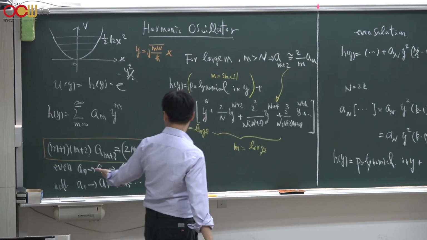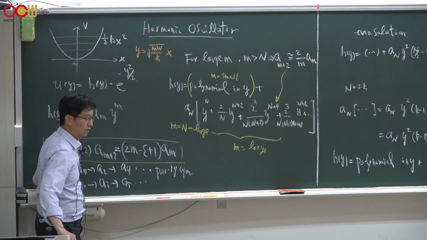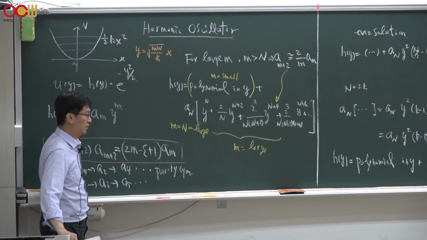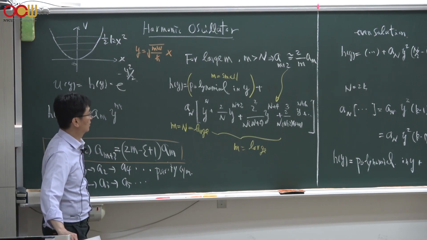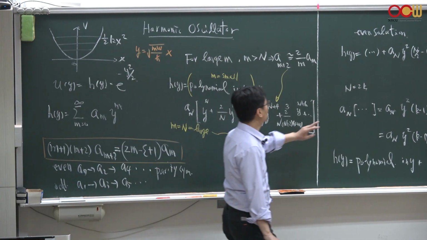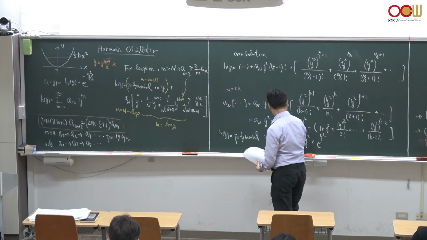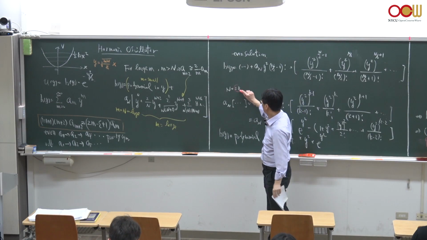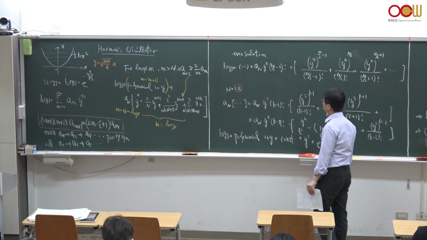Then we keep analyzing this large N term. Suppose we just look at the even solution. Of course, you could also study the odd solution, but it's the same. For the even solution, we plug in capital N as an even number, which is 2 times the integer k.